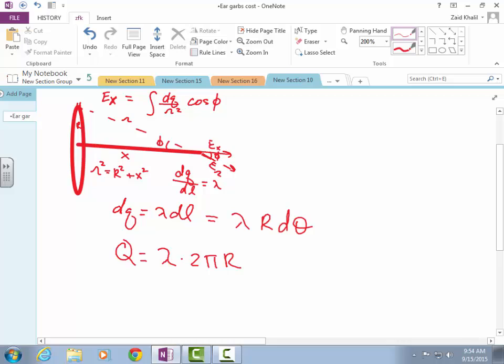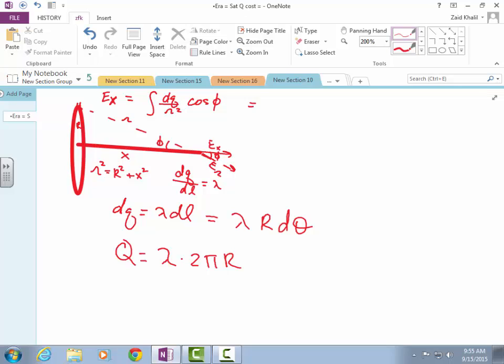This specific problem, yeah. And the reason is because everything else came out of the integral. Why did it come out of the integral? Because it's constant. It's equidistant. Every point along the ring is equidistant from the point at which you're evaluating.